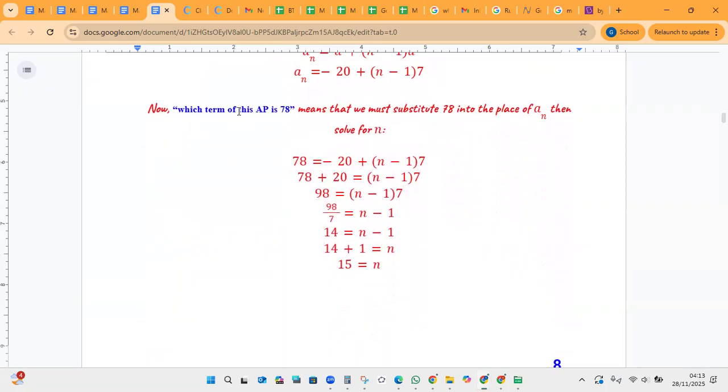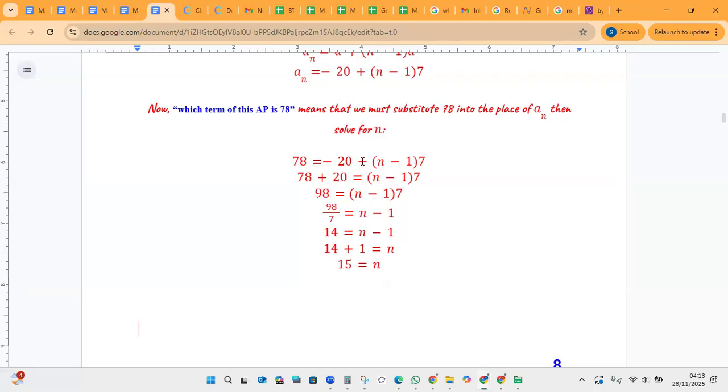Now, which term of this AP is 78? Which position does 78 occupy? What is the n for 78? So we must substitute 78 in the place of a sub n, then solve for n, and that's what has been done right here.